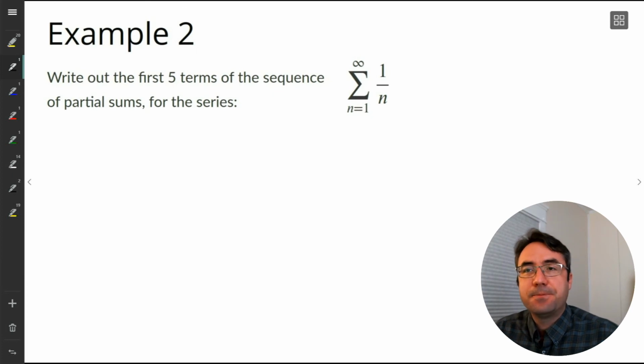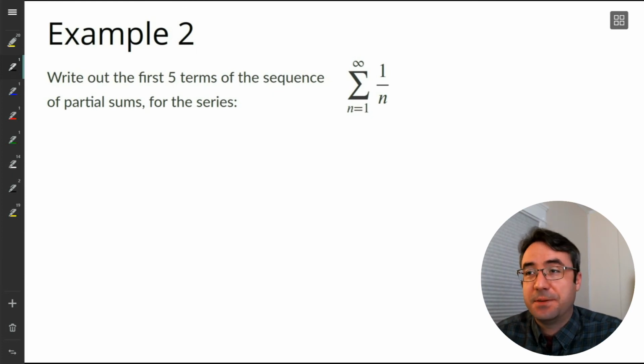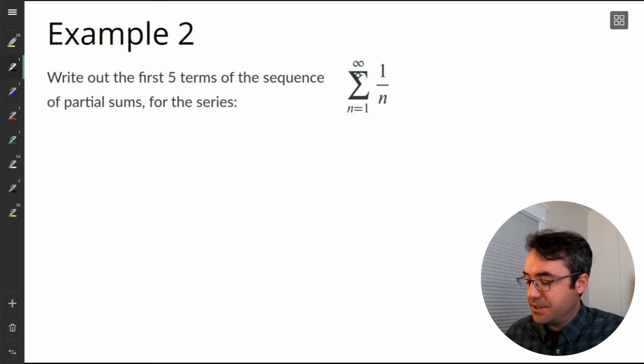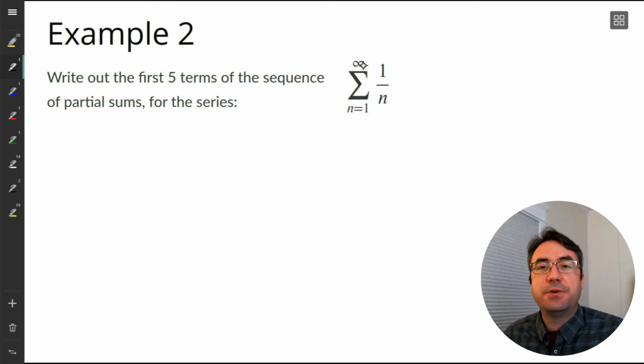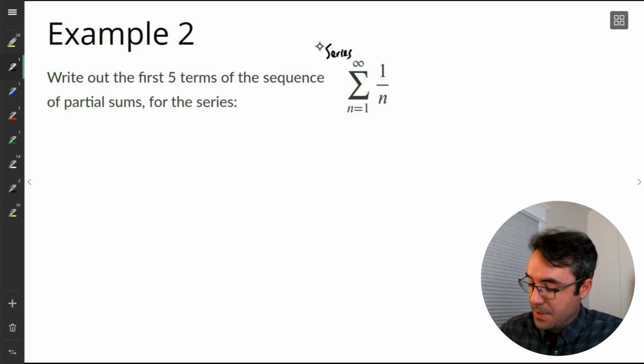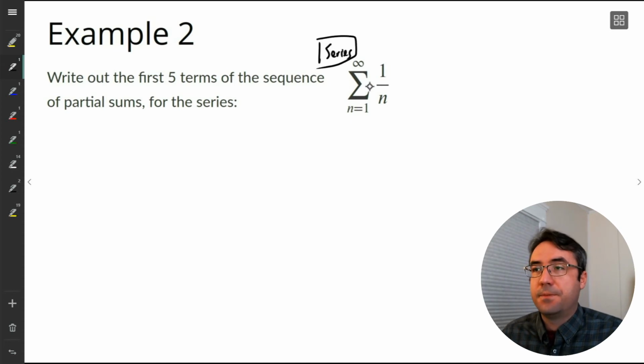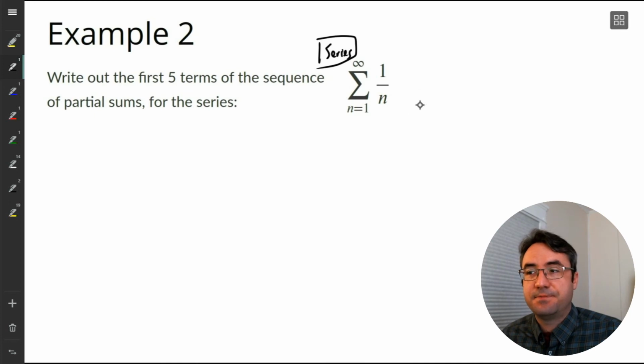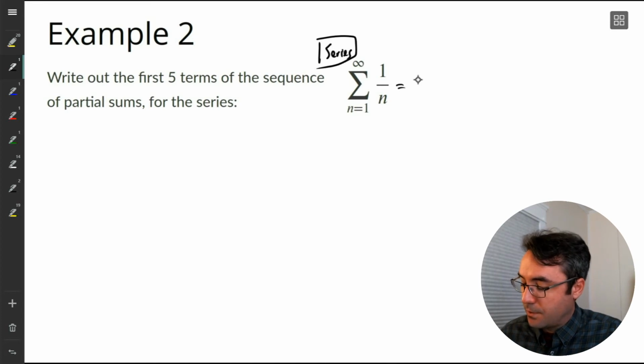So in example 2, we're going to write out the first 5 terms for our sequence of partial sums. Here we're given the series sigma n equals 1 to infinity of 1 over n. So this is another way to represent an infinite series. Let's write this out as an infinite sum. When n is 1, we get 1 over 1, we get 1.